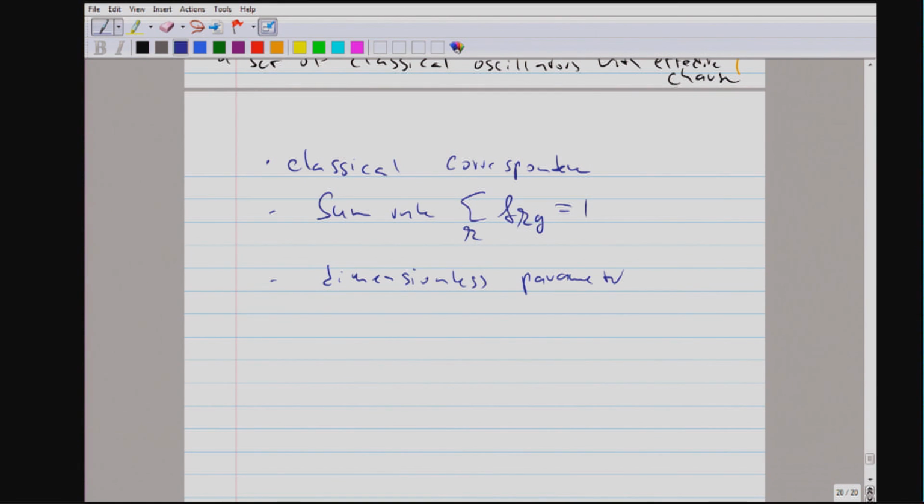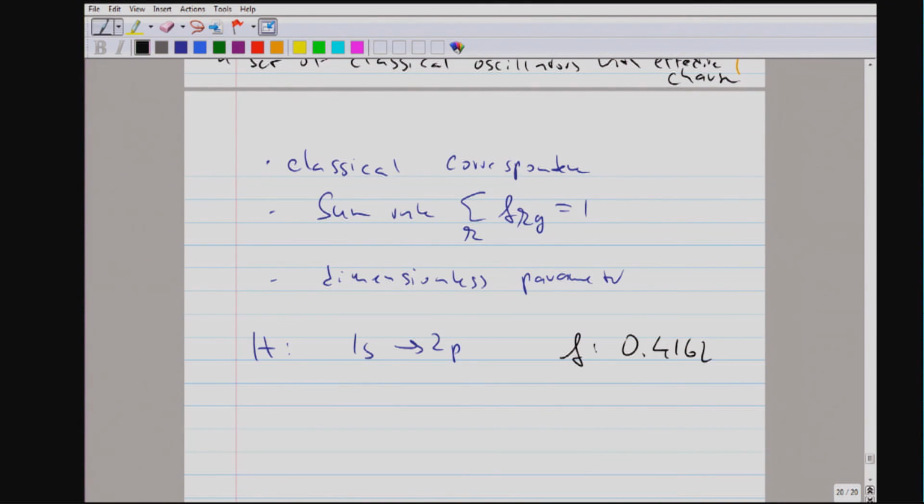If you have hydrogen, the 1s to 2p transition is the strongest transition, and it has a matrix element which corresponds to an oscillator strength of about 0.4. So the rest comes from more highly excited states.